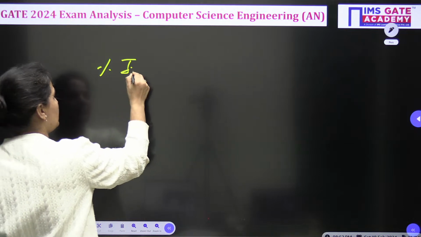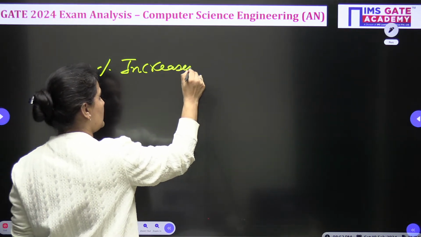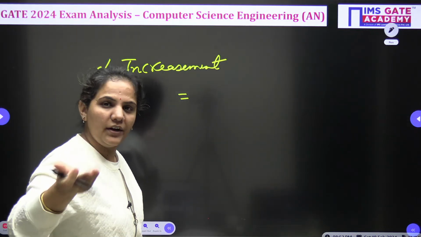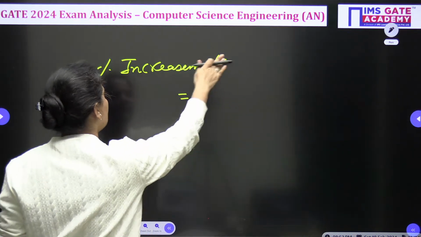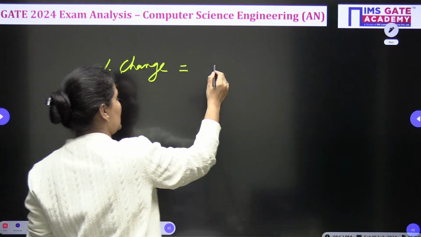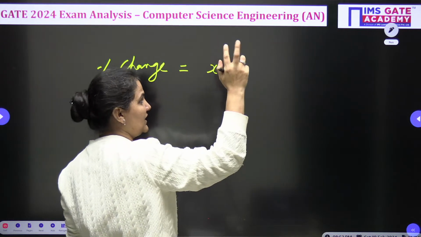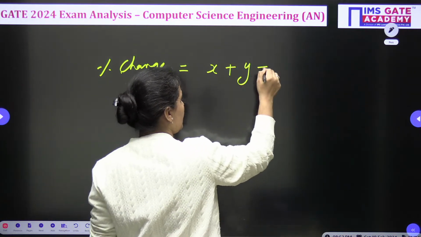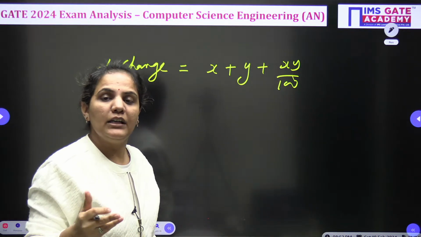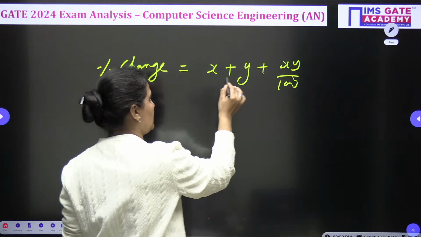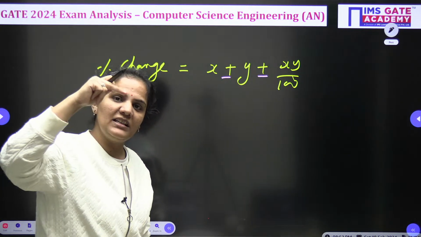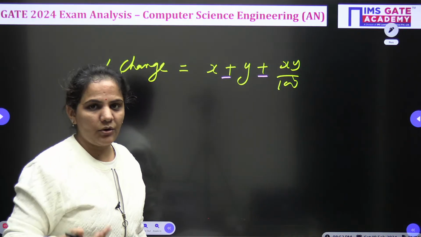Whenever we have two percentages, the very first concept we learned in the classroom is percentage change: x plus y plus xy by 100. If you have a negative, you can change the sign of x or y according to your suitability, if one is increasing and one is decreasing.